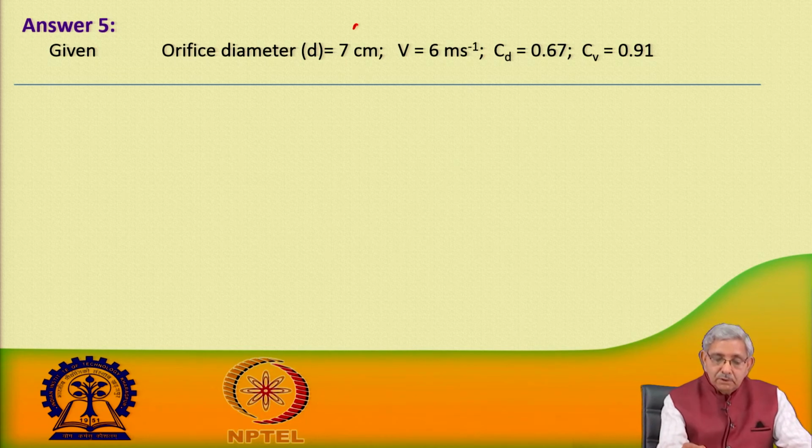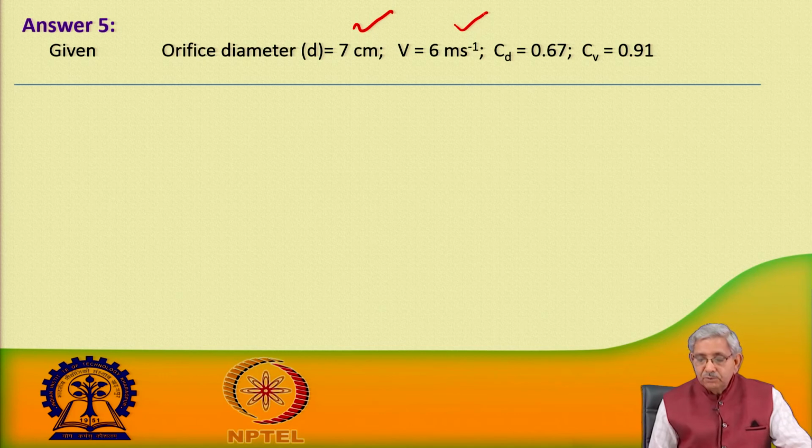So, the diameter of the orifice is known to us, the velocity of flow is known to us, C D, the coefficient of discharge, is 0.67, and the coefficient of velocity of this orifice is 0.91.